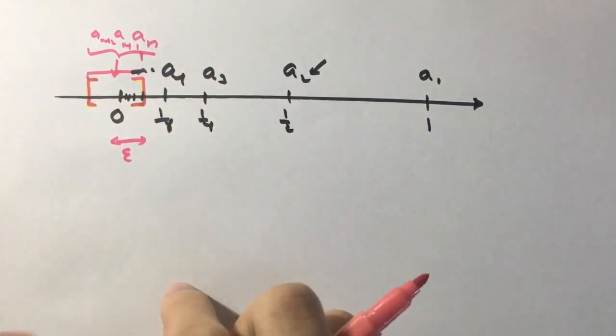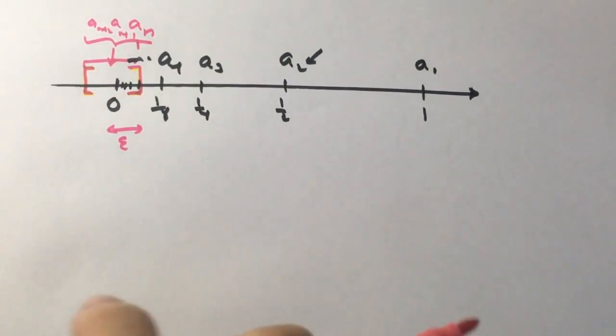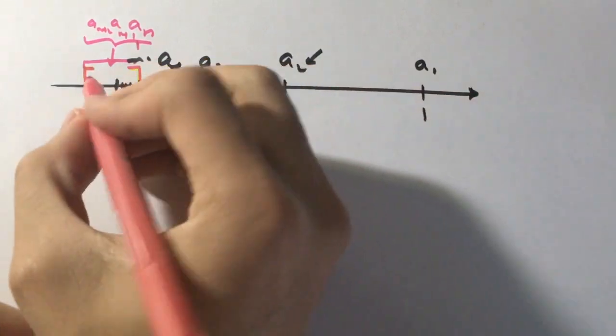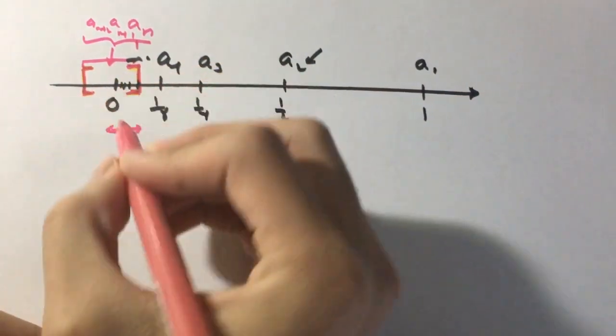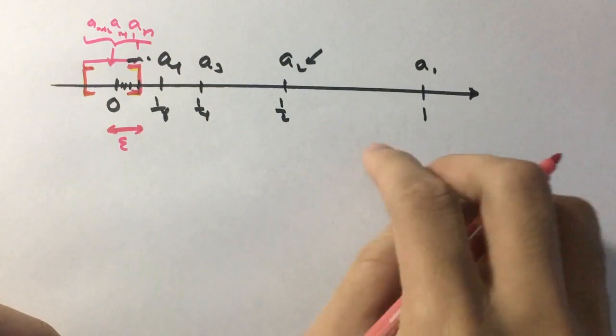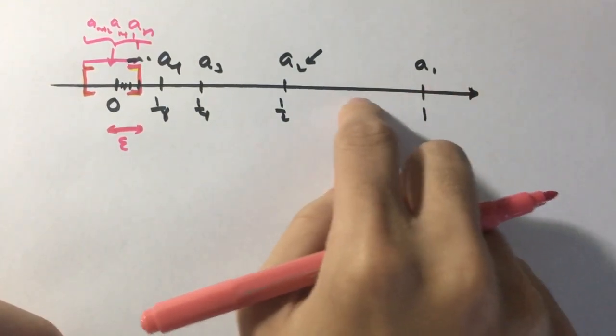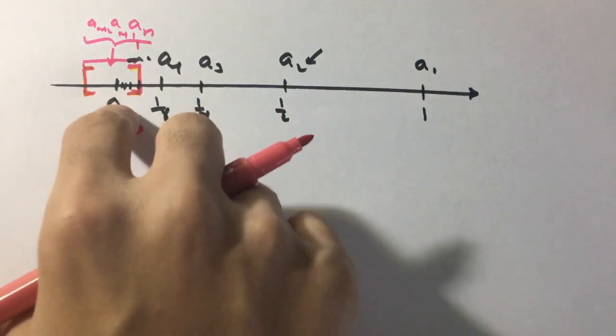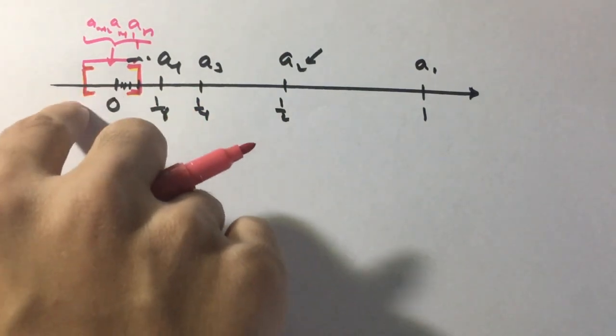So this is a very complicated definition. It looks really complicated, but basically what it's saying is that if you have a box around 0 of a certain size, then the numbers might start outside. But eventually, the sequence will become inside the box, and then it will stay inside the box.